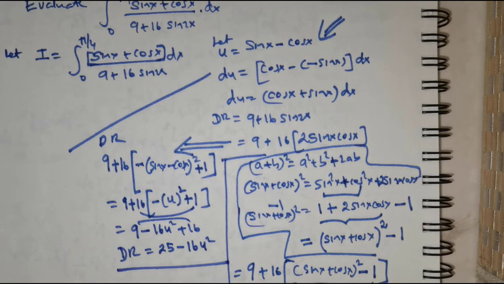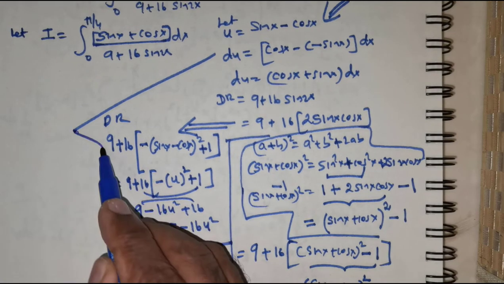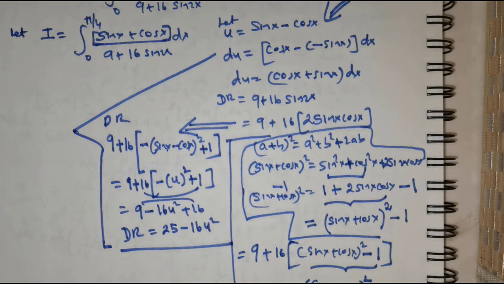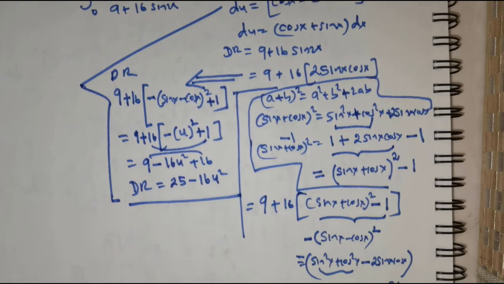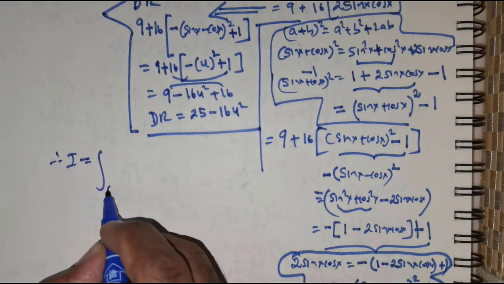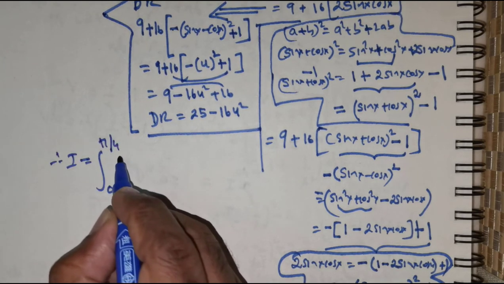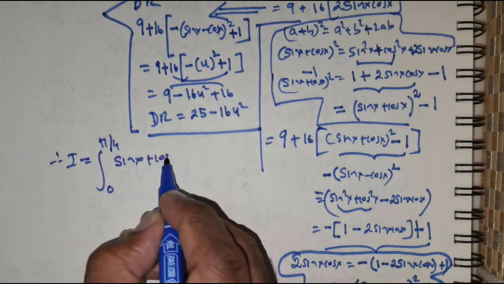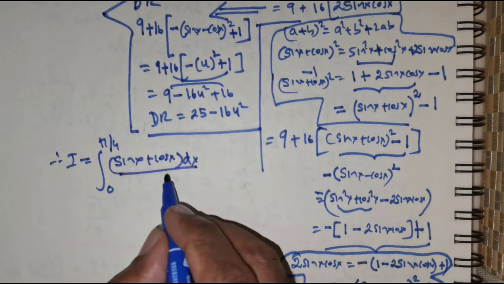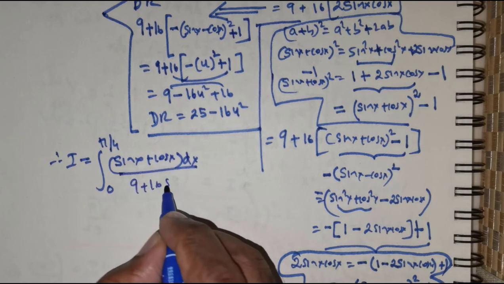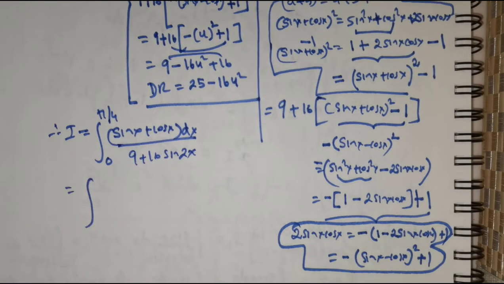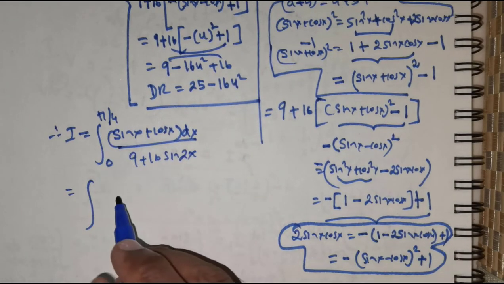So we could have reduced some steps, but just to render a proper understanding, I have given the steps in detail. So now we will have the integral I, which we started as 0 to pi over 4, sin x positive cos x times dx divided by 9 positive 16 times sin 2x, rewritten as, I'm not going to alter the limits as such now.